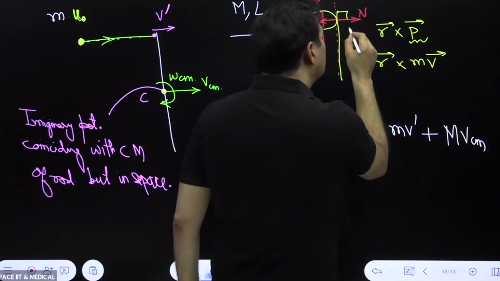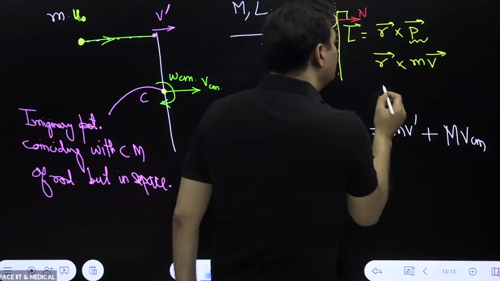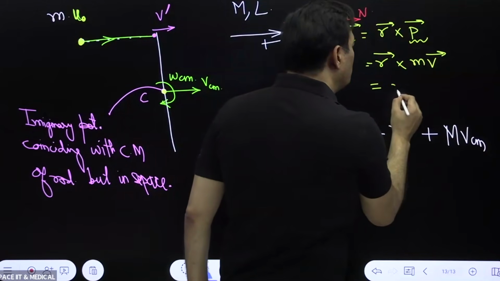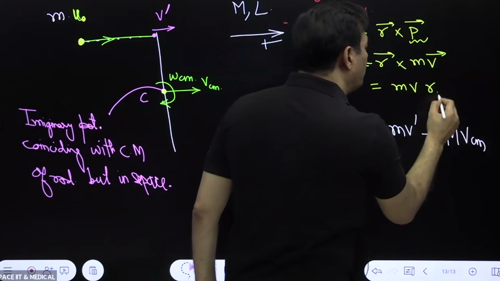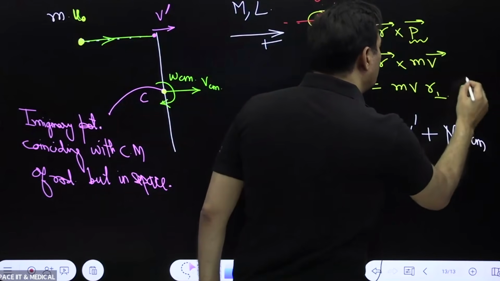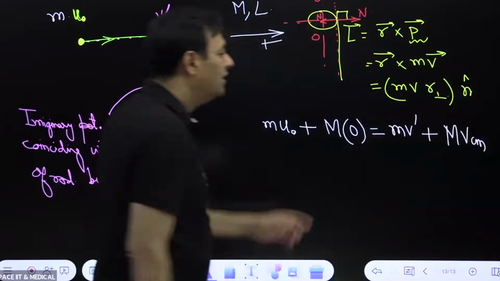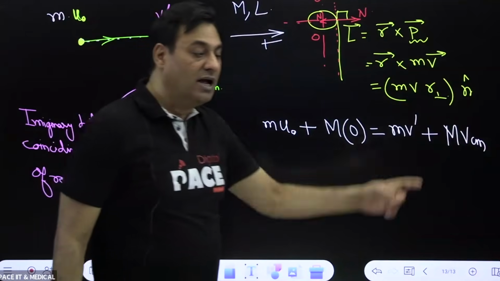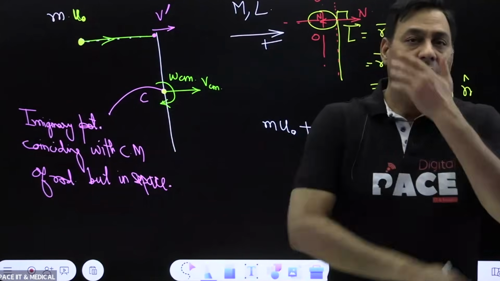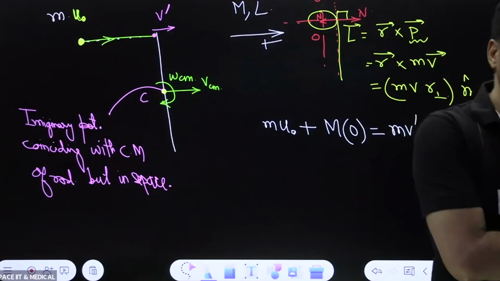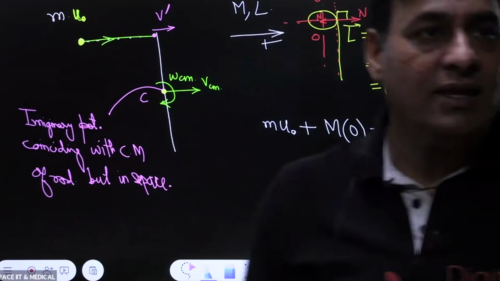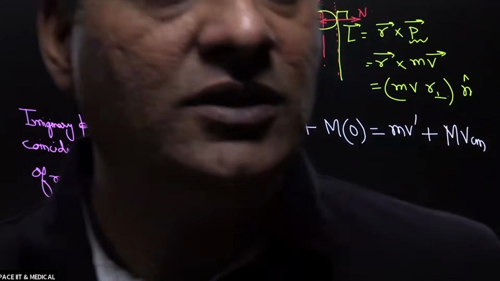And in simpler terms, this is also equal to M into V into R perpendicular. How many of you have heard about this thing? Otherwise, I'll teach you this. Angular momentum of a point mass. How many of you are aware of this? MV into perpendicular distance? Okay, quite a few. Good.